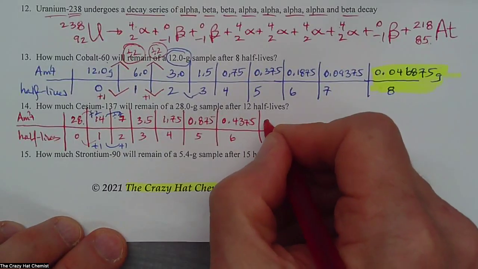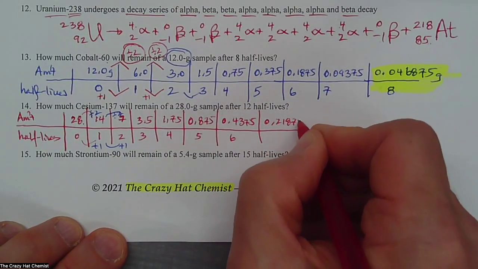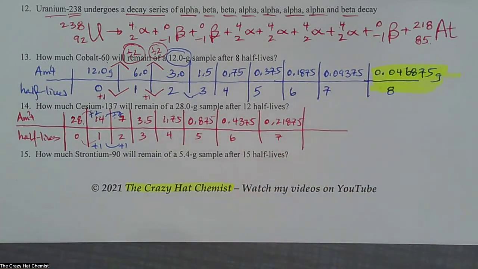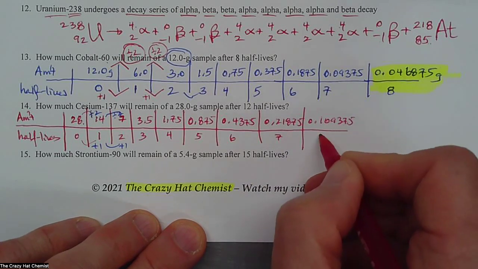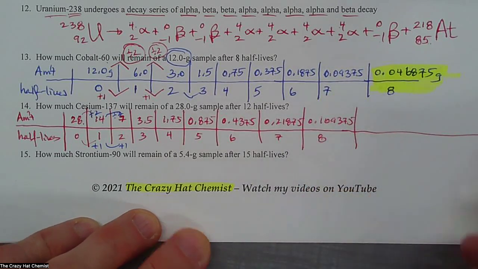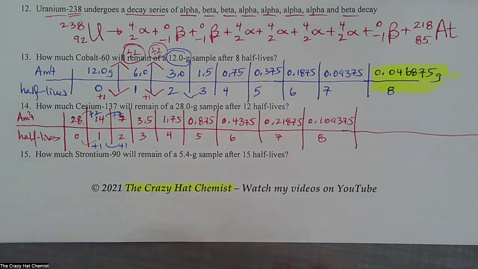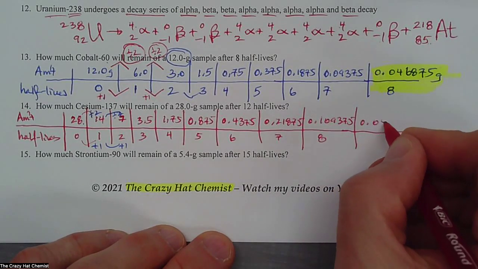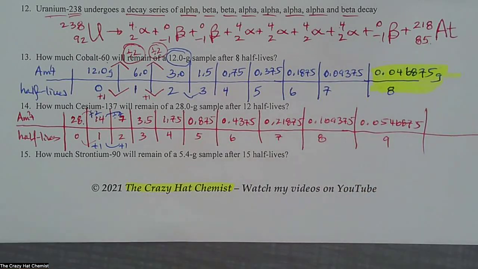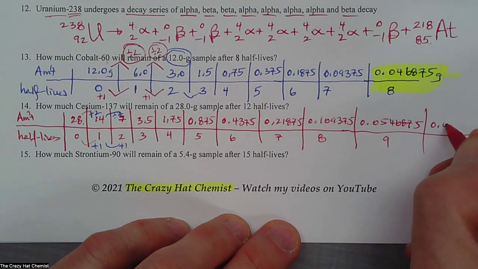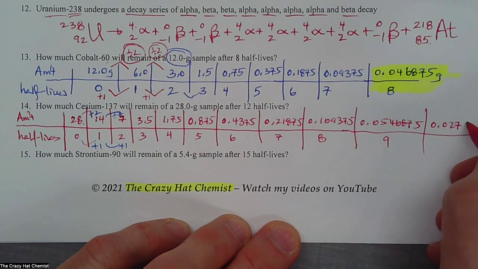And this is 0.21875 and 7 half-lives. It's going to be a lot of half-lives here, folks, and a lot of space. And this will be 0.109375 and 8 half-lives. This is 0.054685 and 9 half-lives. 0.02734.